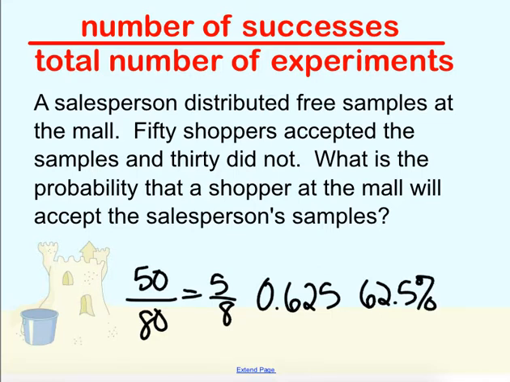Now, if we want to talk about the ones that did not accept the sample, that's the complement, which in this case would be 3/8, because it always adds up to 1. So we have 0.375 or 37.5%. Okay? Those are complements of each other.